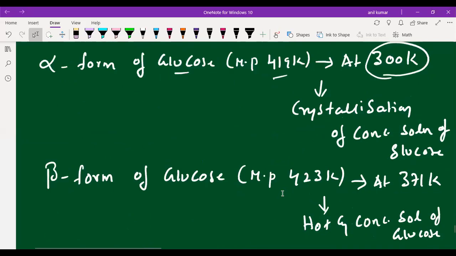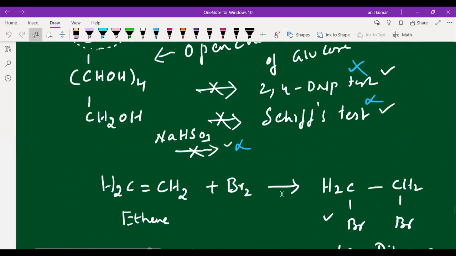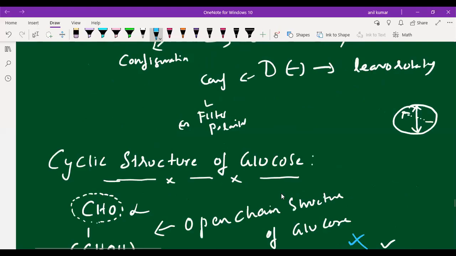So, in order to explain these properties, one more form of glucose has come into the picture. That we call the cyclic structure of glucose.